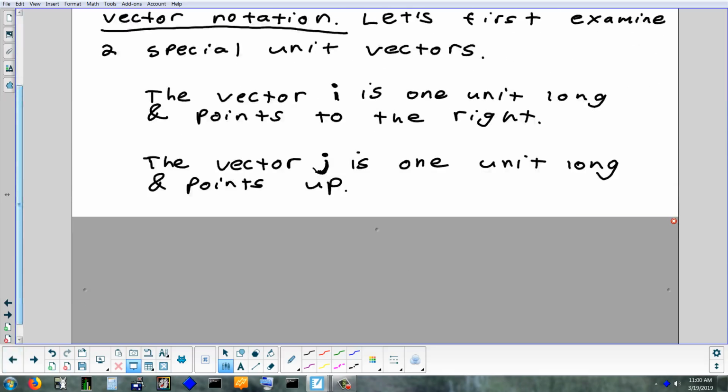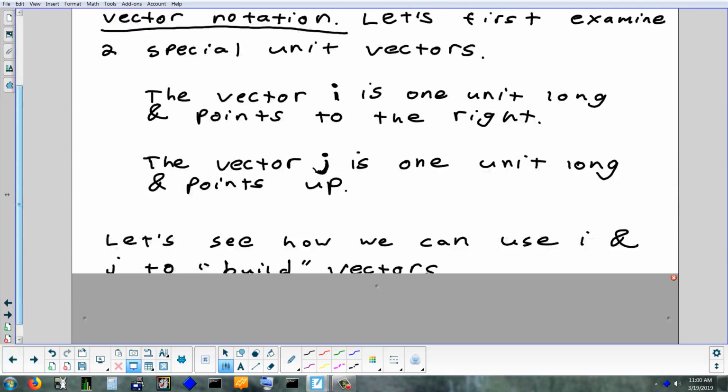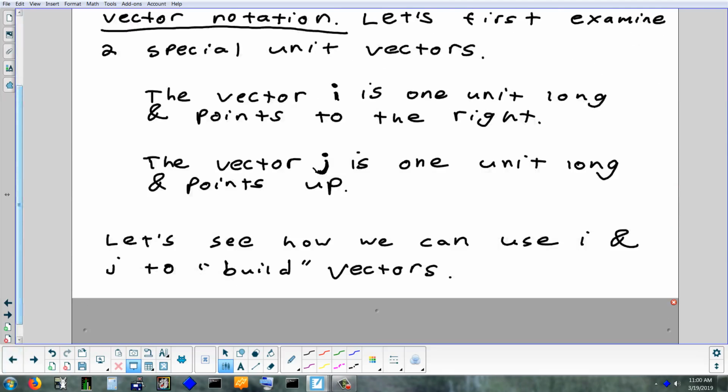And now the idea is that i and j are kind of like building blocks. You can stack them together to make vectors. And that's basically what we do. All right, so we're going to see how we can use i and j to build a vector by stacking as many i's and j's together as you need.